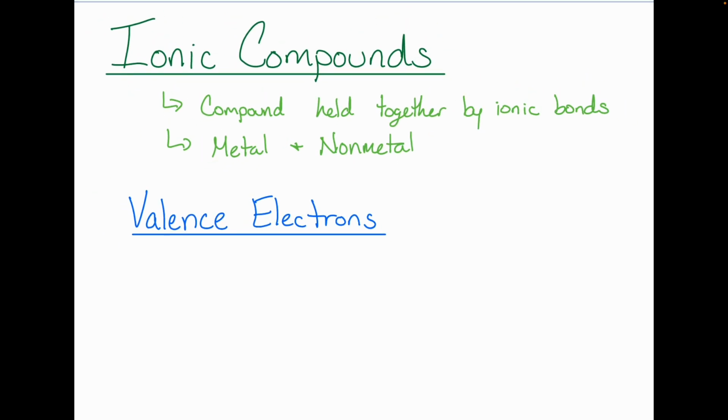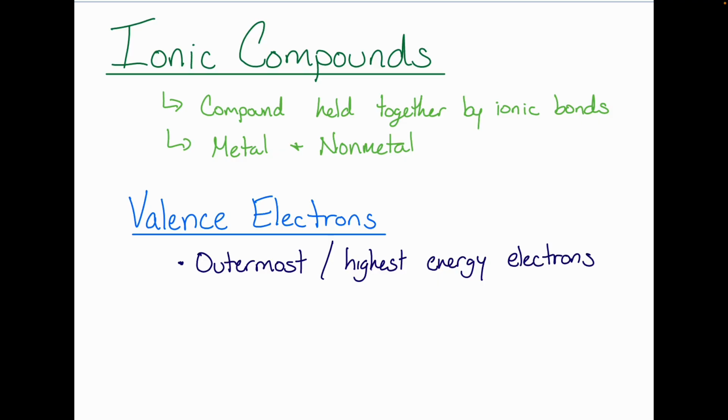A valence electron in an atom is its outermost or highest energy electron. Out of all the electrons in an atom, there's a subset that we denote as valence electrons.